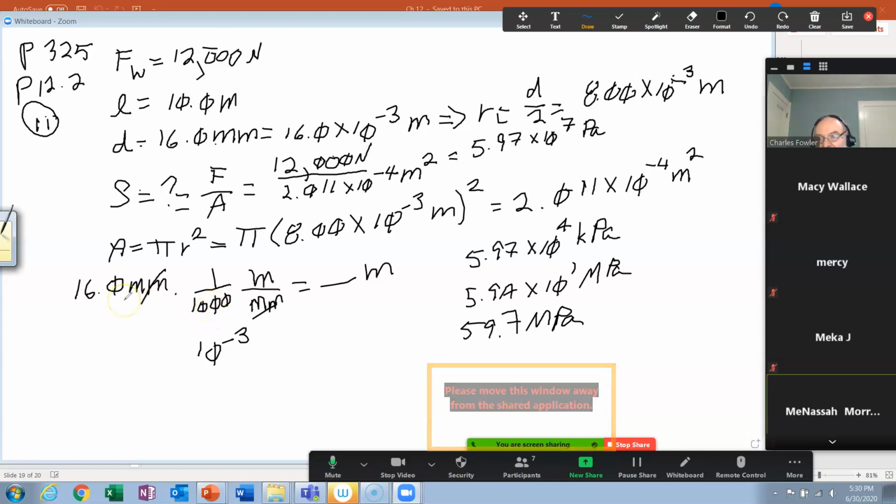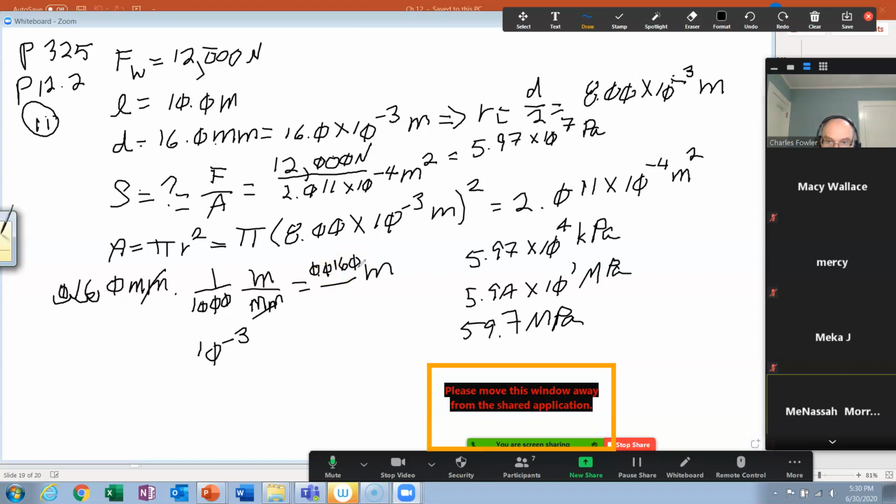Or you could have divided here and moved this decimal 1 place, 2 places, 3 places. That would have been 0.0160 meters.